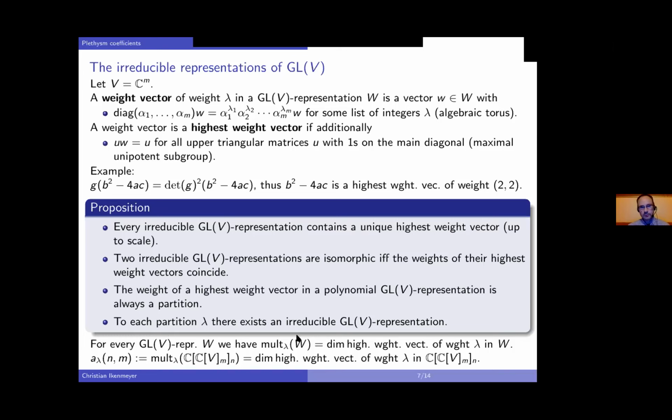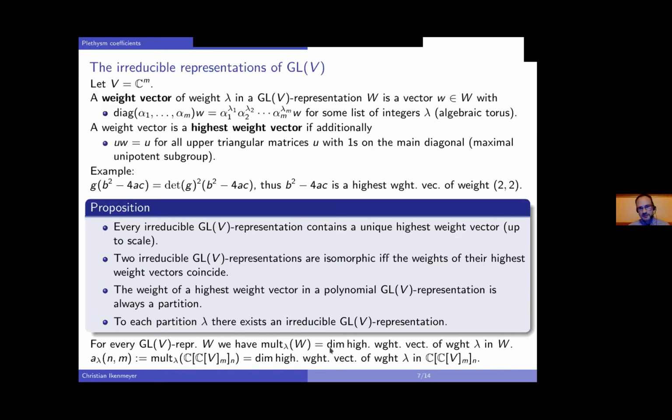what are these multiplicities that we want to look at? So the multiplicities that we want to look at are the dimensions of the space of highest weight vectors of a certain weight lambda in W. So let me maybe remind you. In the first examples with S2, we were looking at invariant spaces and skew invariant spaces and their dimensions. And we called these dimensions multiplicities. Here the multiplicities are a bit more difficult.